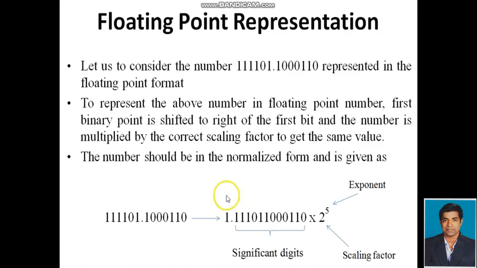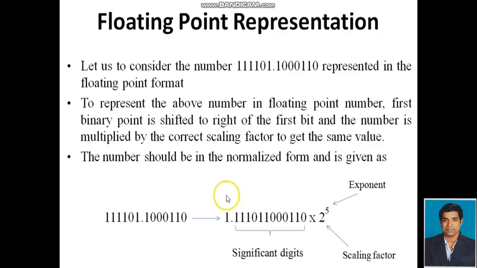Let us consider the number 111101.100110 represented in the floating point format. To represent the above number as a floating point number, first the binary point is shifted to the right of the first bit and the number is multiplied by the correct scaling factor to get the same value.